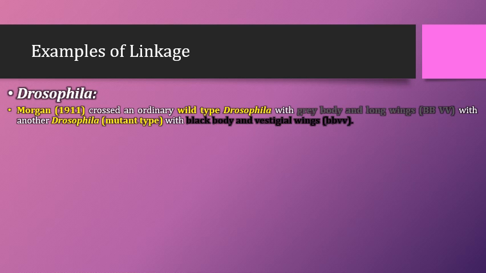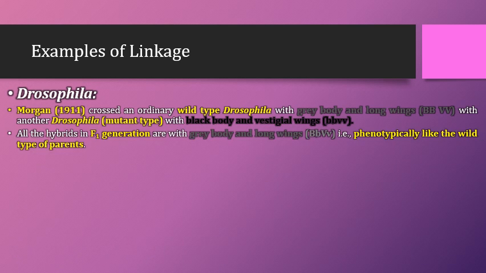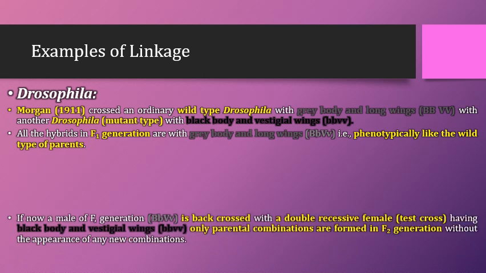small v, small v. All the hybrids in F1 generation are with grey body and long wings having heterozygous genotype capital B, small b, capital V, small v, that is phenotypically like the wild type of parents, that is grey body and long wings.